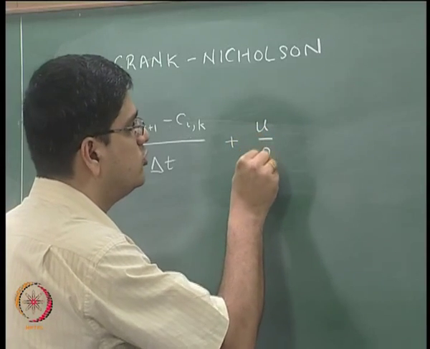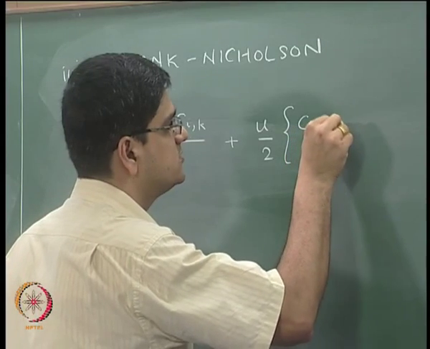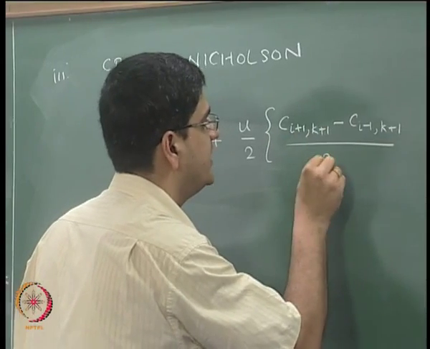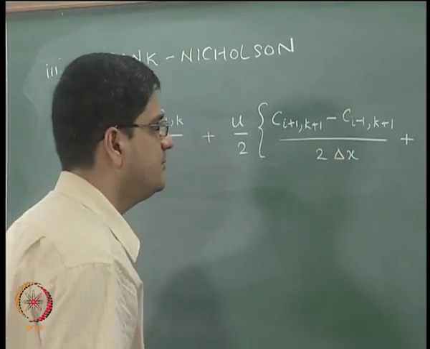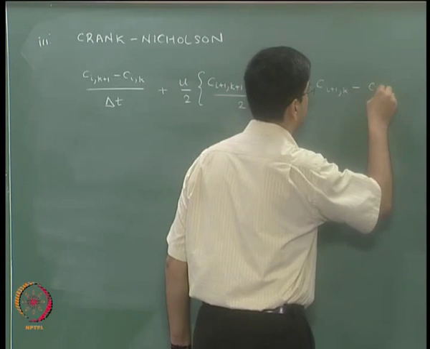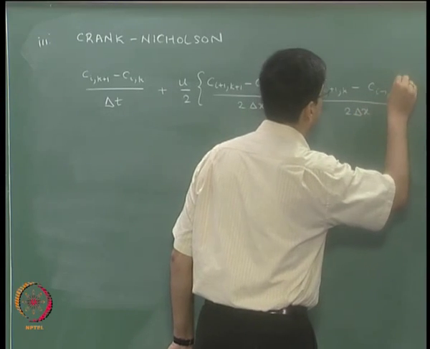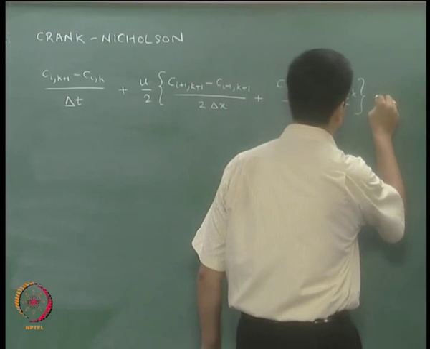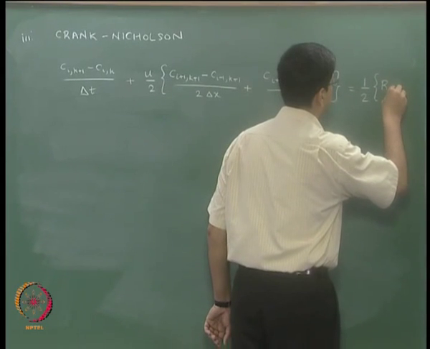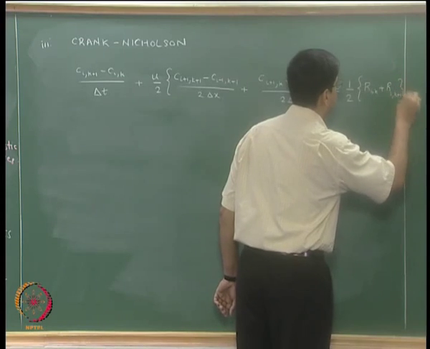So it is u by 2 multiplied by (C(i+1,k+1) - C(i-1,k+1)) divided by 2 delta x, plus (C(i+1,k) - C(i-1,k)) divided by 2 delta x, is going to be equal to half of r(i,k) plus r(i,k+1).